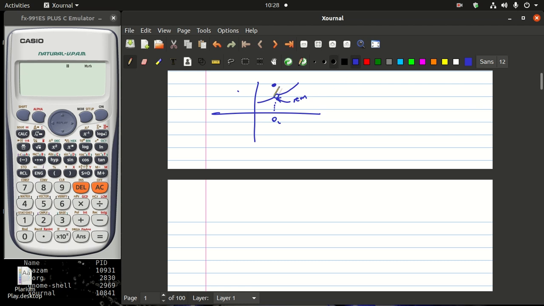So at this point f is not continuous, and the name of that discontinuity is removable discontinuity. That's what we said.